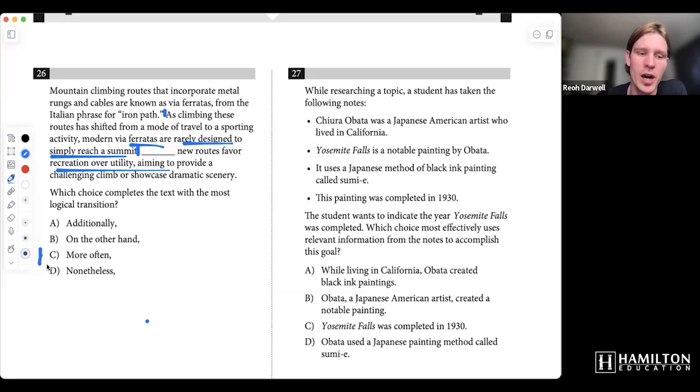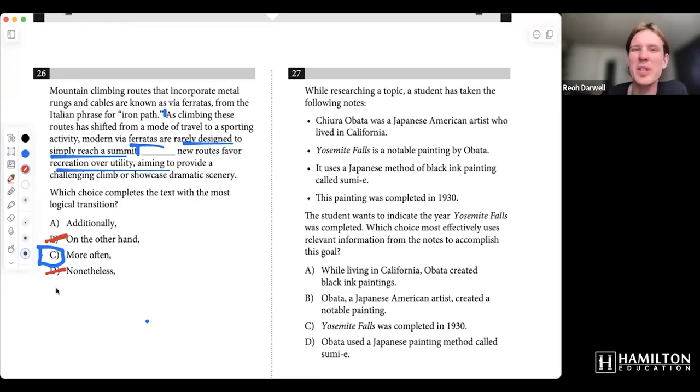So "more often" is that example, okay? "On the other hand" doesn't work here because that would need to suggest that we are undermining or contrasting or opposing the previous claim. But in fact, we are underlining or supporting the previous claim. "Nonetheless" has the same exact issue as "on the other hand," right?